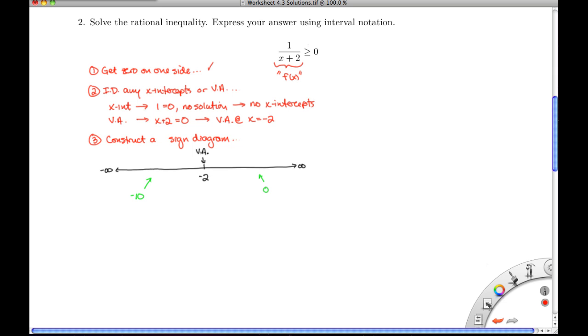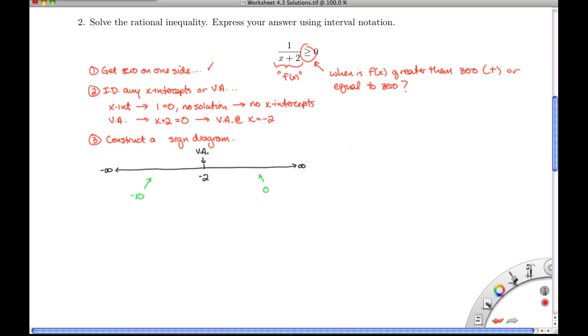And in this particular case, what we're being asked is, when is our function f of x greater than 0, meaning positive, or equal to 0? So those are the questions that we're going to ask ourselves, and we're going to get this solution from our sign diagram.